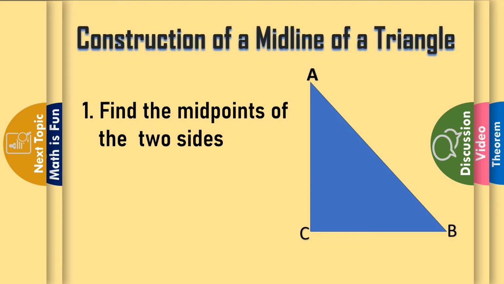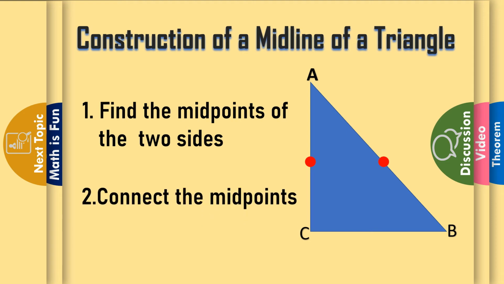Let's have side AC. And let's draw a point in the middle of side AC. Another one, let's have side AB or the hypotenuse. And again, draw a point in the middle of side AB.